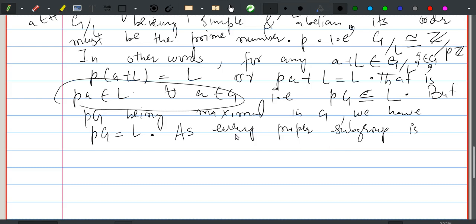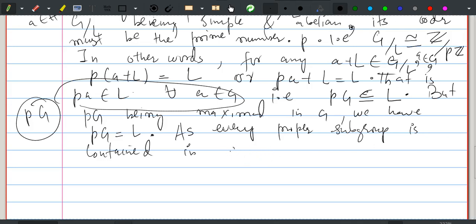G being a group having this unique maximal subgroup PG, every proper subgroup is contained in a maximal subgroup, and in our case G has this unique maximal subgroup.